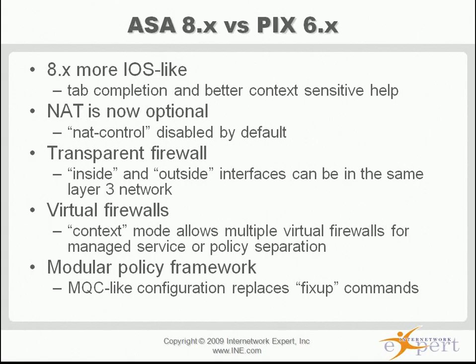Transparent firewall, we'll get to it in a little bit as well. The transparent firewall acts as a layer 2 firewall. So instead of doing a layer 3 routed hop, with different interfaces on different subnets, the transparent firewall has two interfaces on the same logical subnet, two interfaces in the same layer 3 network.